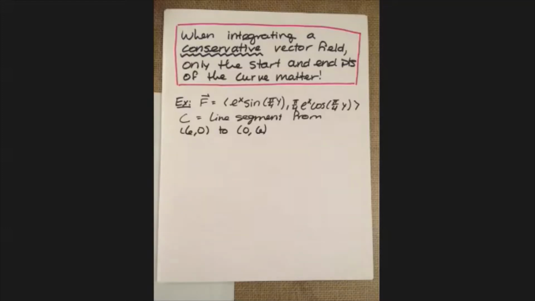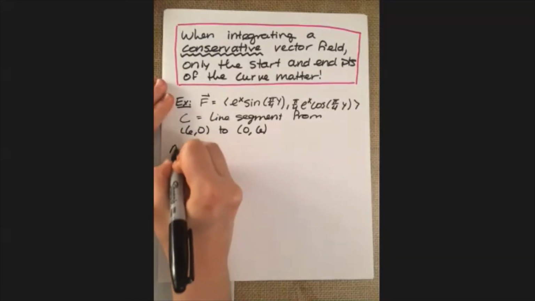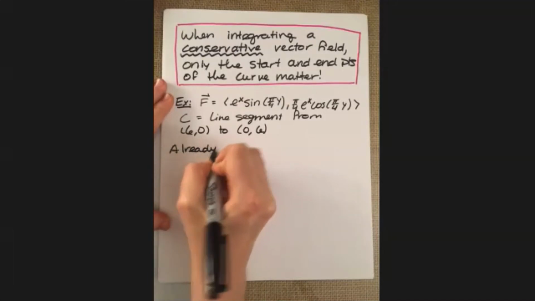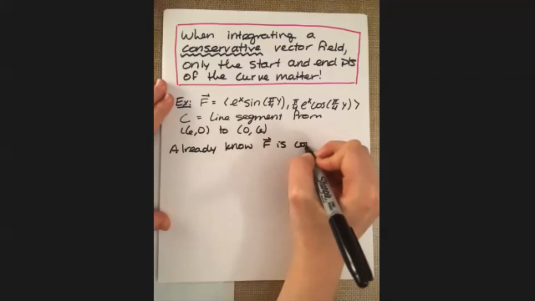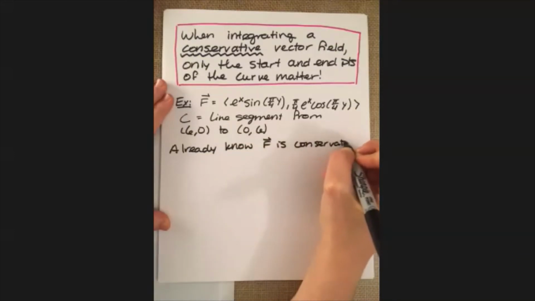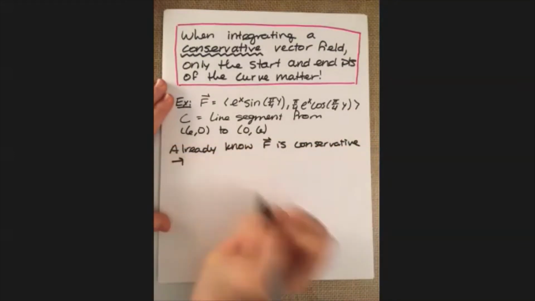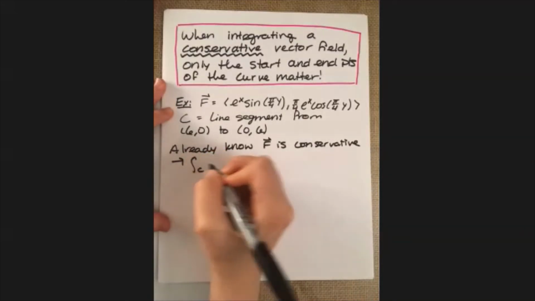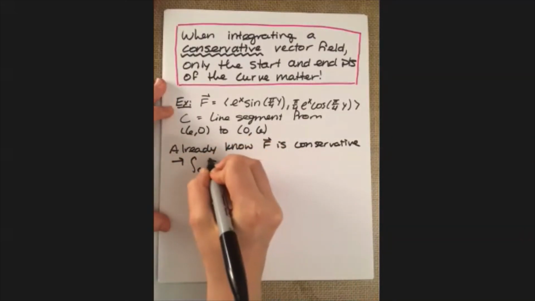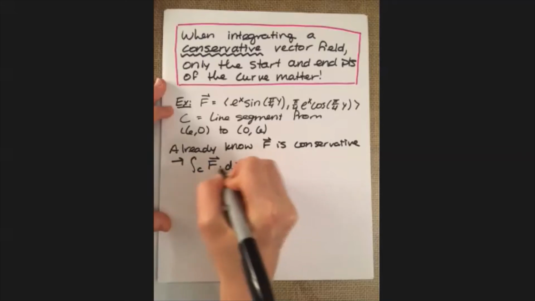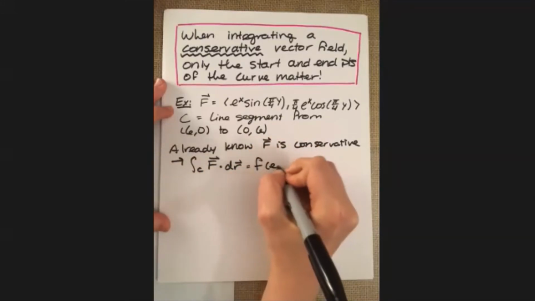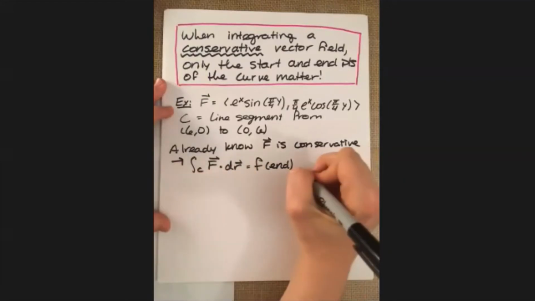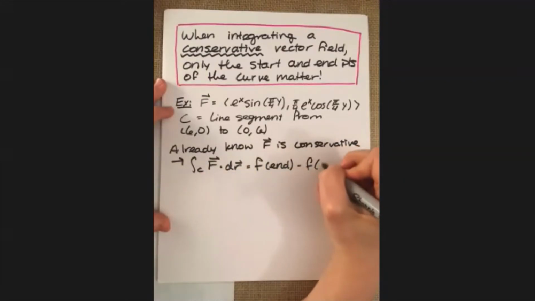And once again, we were already told way back at the beginning of all of this that f is conservative. So what this means is that the integral over our curve of f dot dr is equal to f evaluated at the endpoint, where little f is the potential function, minus little f evaluated at the start point.